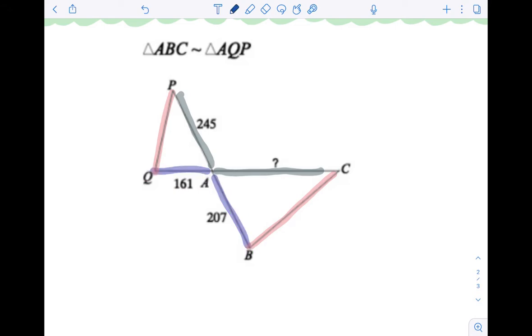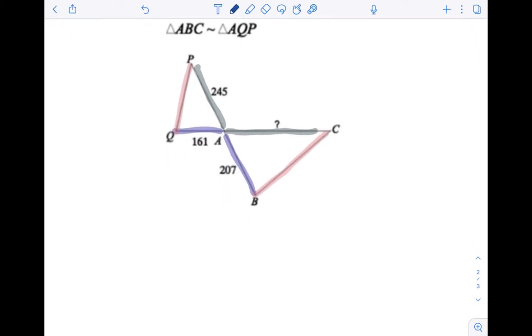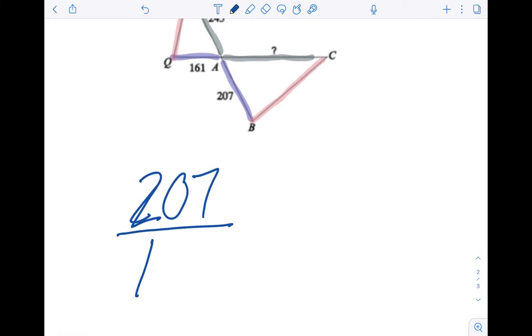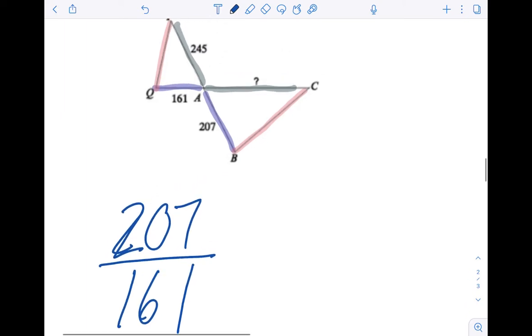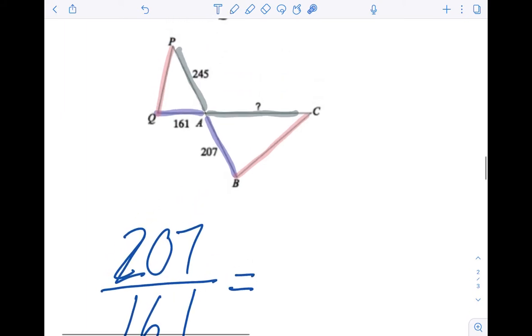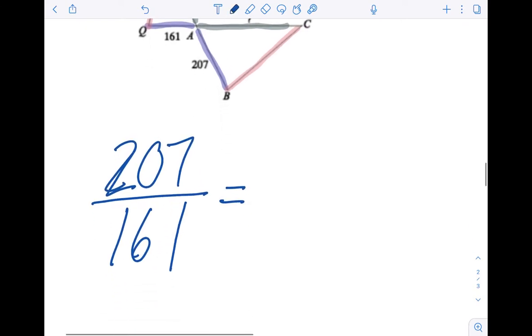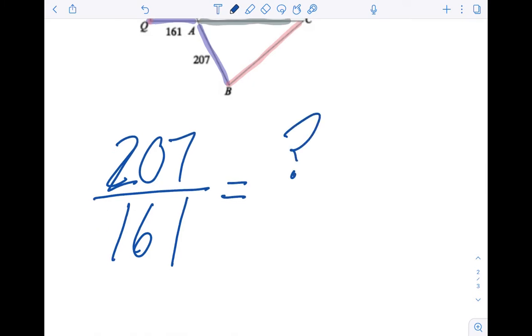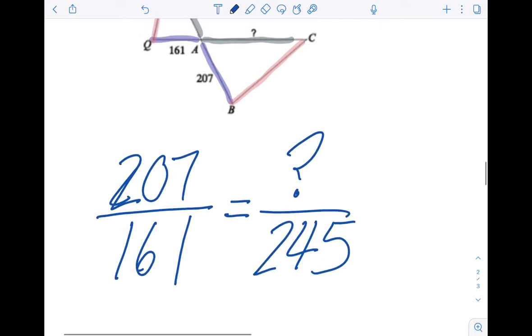I'm going to say 207 over 161, because I want to create a proportion. 207 over 161 is equal to, we're going to go gray to gray, question mark over 245. Just like that. Look at that.